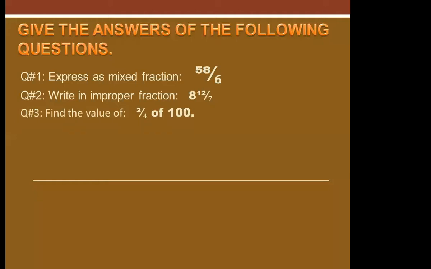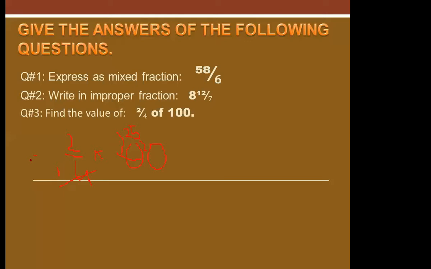Now I'm going to show you here. You will write 2 upon 4, then multiplication, then you have 100. Then you will simply reduce it. 4 ones are 4, 4 twos are 8, and then it will be 20, then 4 fives are 20.